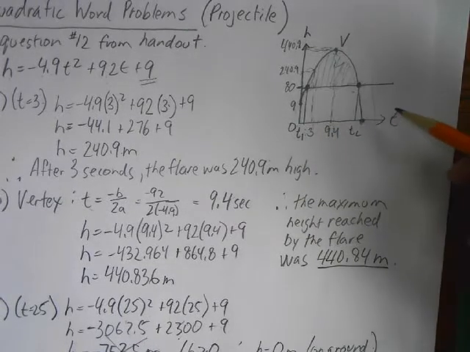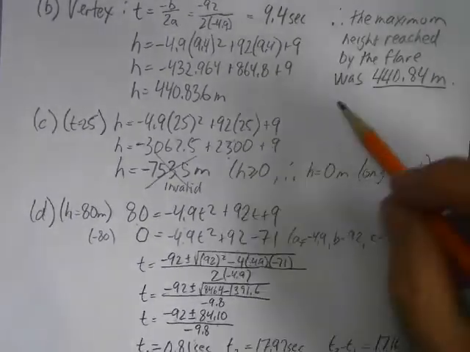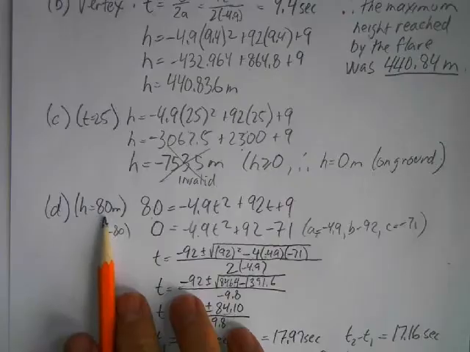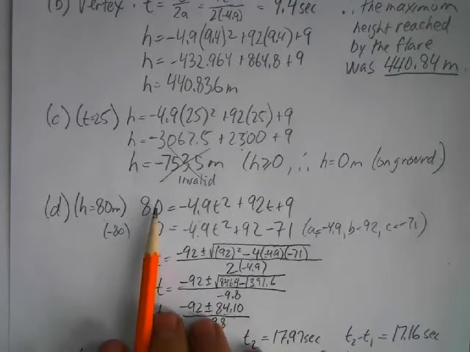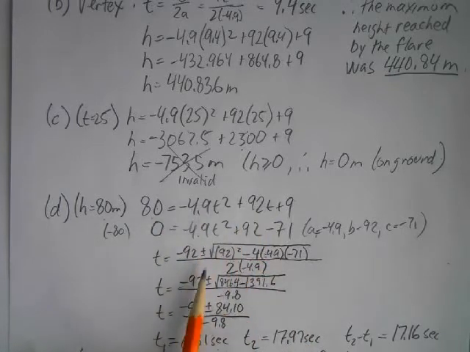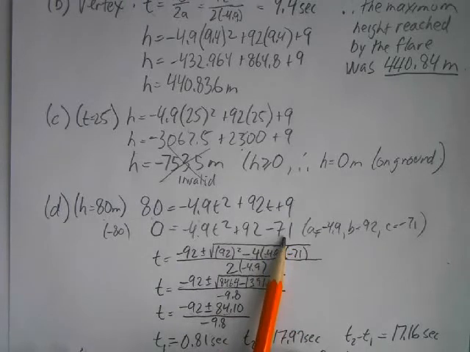Okay, so what you would do, it's a lot like the question we just did. Instead of solving for when is the height 80, we solve for the height being 0. So we just plug a 0 in here and solve, just like we did here. The only difference is our C value would be 9 and not negative 71.